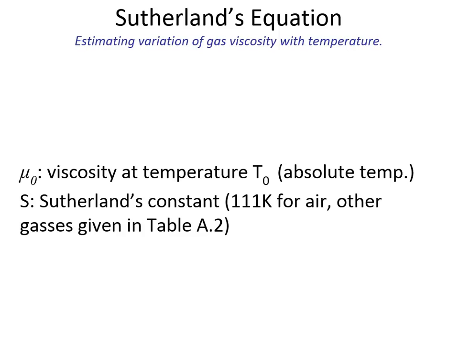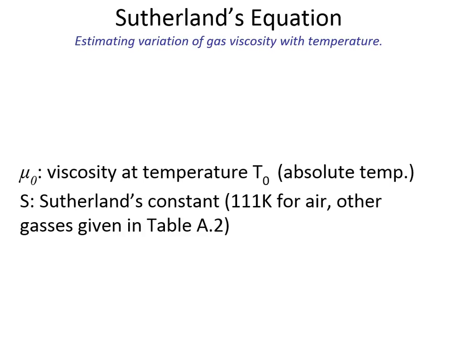All right. And finally, this is the Sutherland's equation. You can find it in the textbook, but I thought I'd mention it because you have a problem that goes along with Sutherland's equation. It's a method of estimating the viscosity of a gas as the temperature varies.